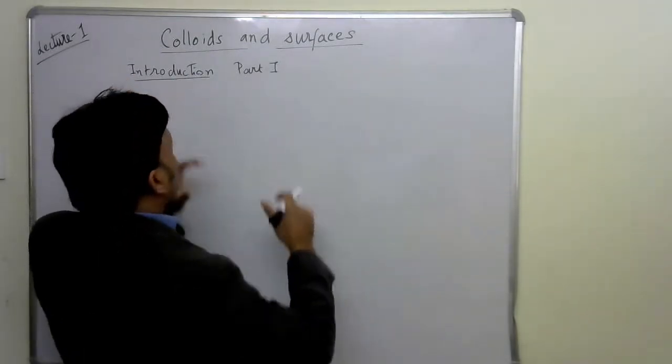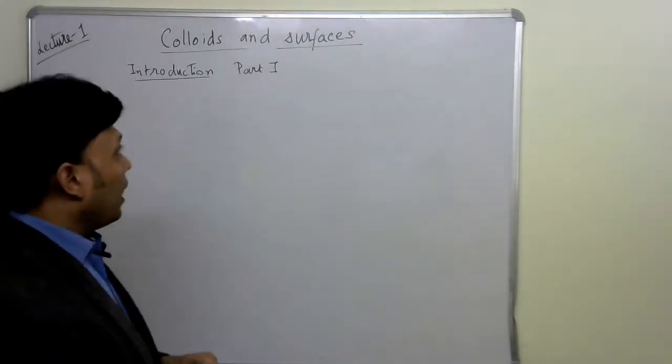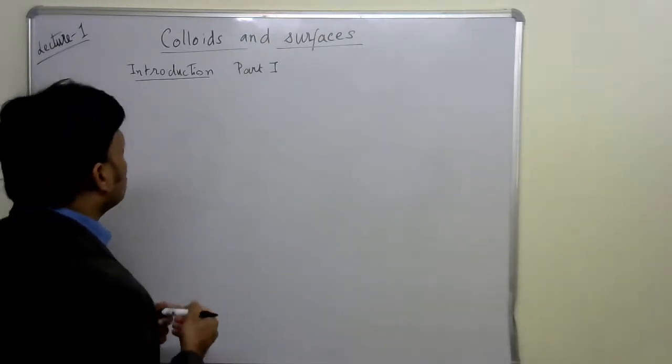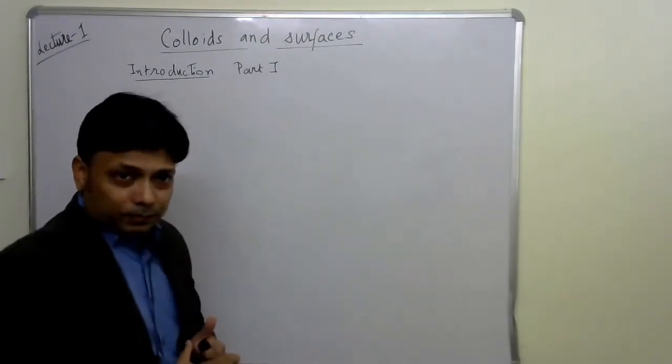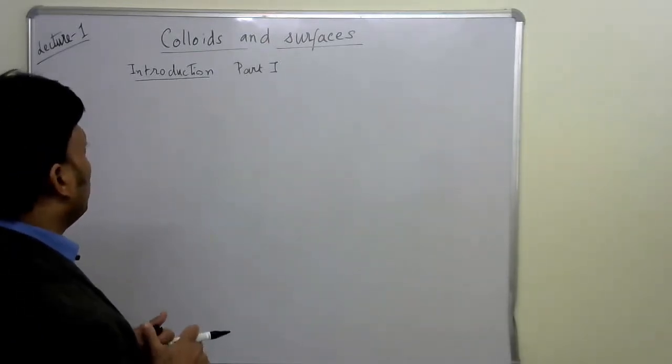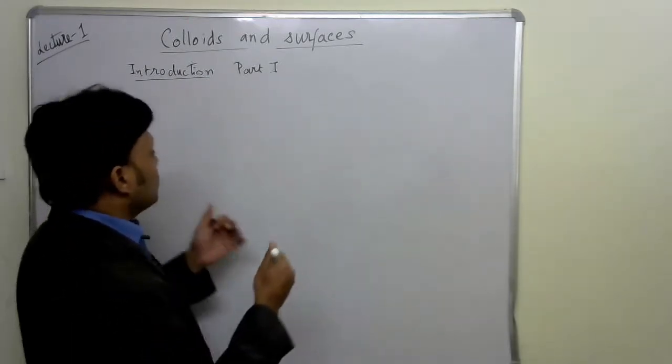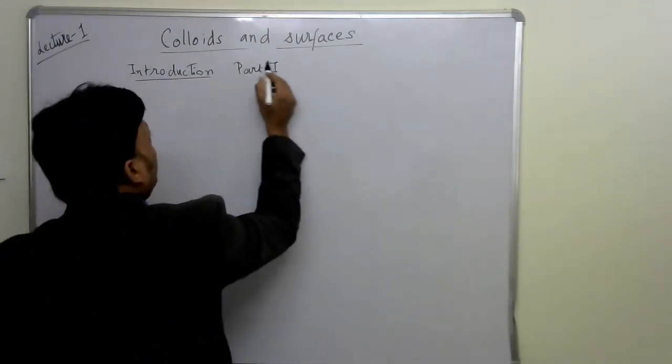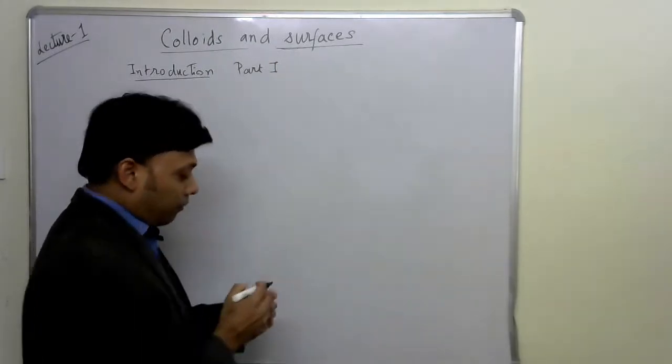Probably you are taking this course for the first time, and probably you have heard about the term colloids. Usually many questions come up. Why, with colloids, are we using this term surfaces?